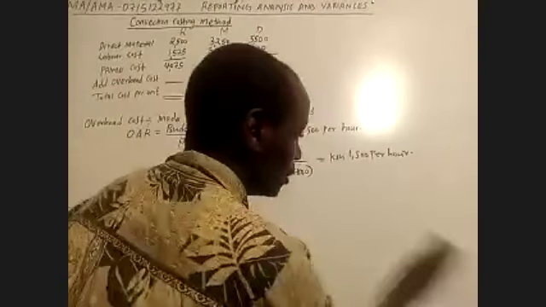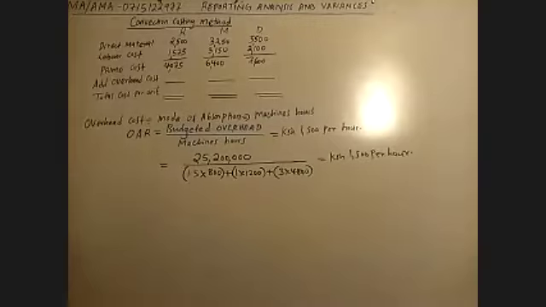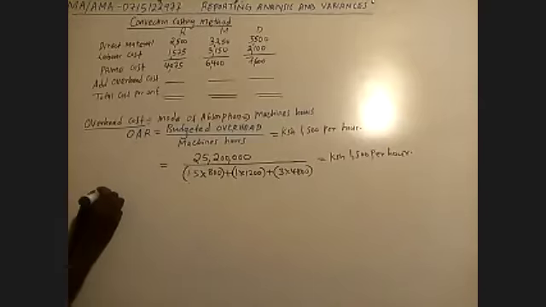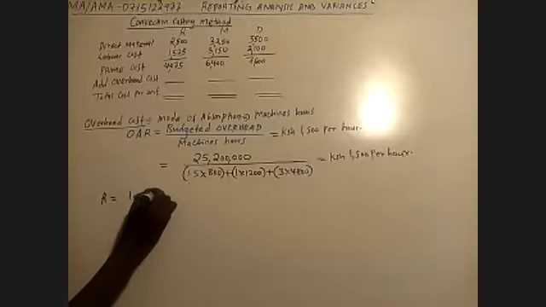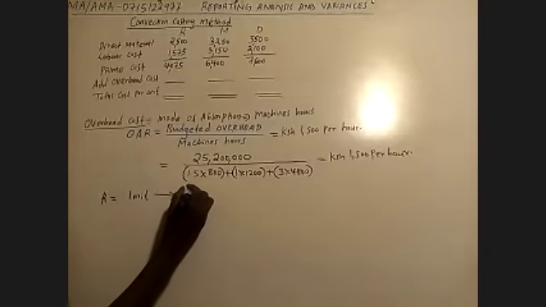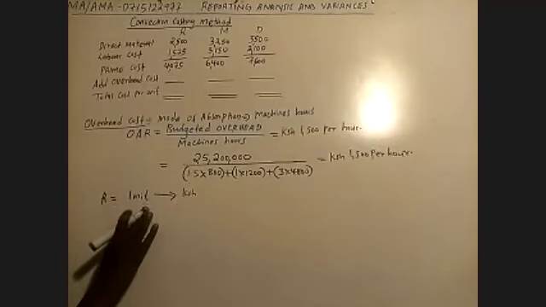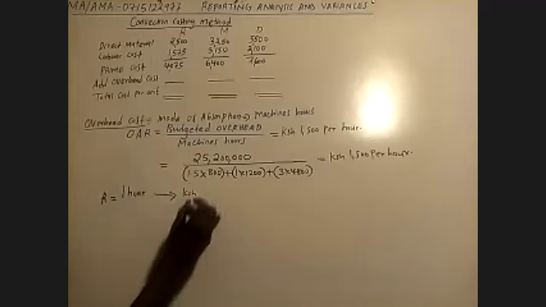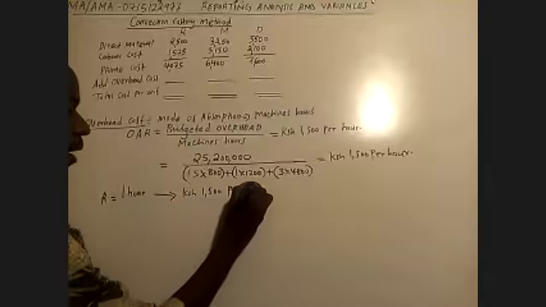He did not want many things. Anyway, now we need to find the overhead cost for R. Now we know that 1 hour costs Kenya shillings 1,500 per hour.